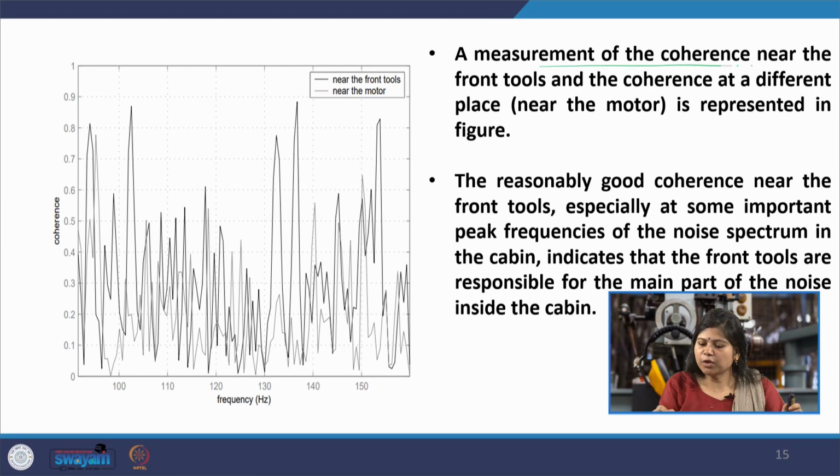This shows the measurement of the coherence at different places: this is near the motor and this is near the front tools. Good coherence was found near the front tools at various frequencies, which indicates that these front tools are responsible for the main part of the noise inside the cabin.